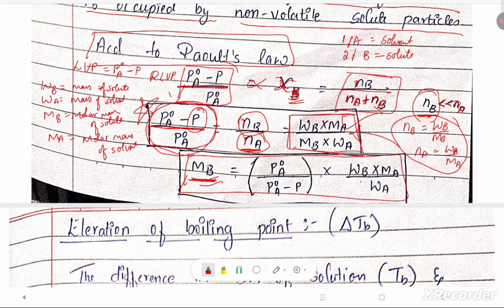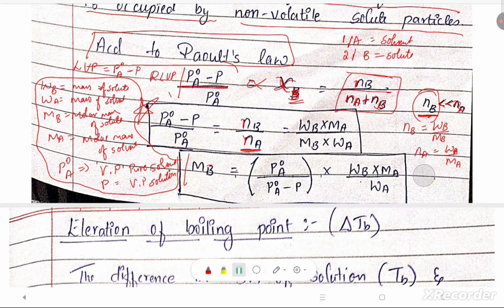Understood? Then P naught A means vapor pressure of pure solvent. Then P means vapor pressure of solution. In the question, whatever they mention, you can solve by using these two formulas, you can easily find out.